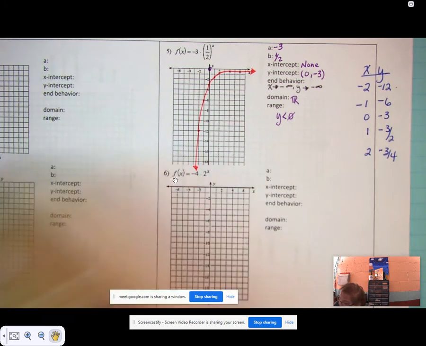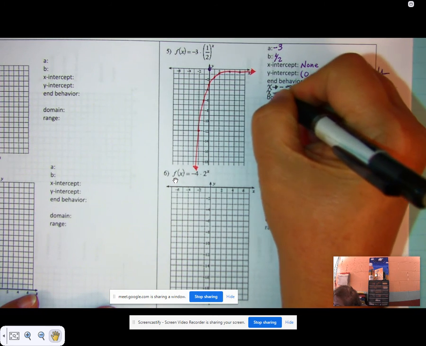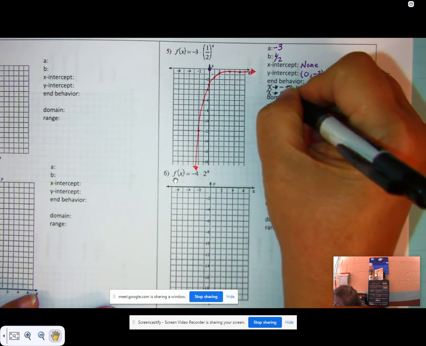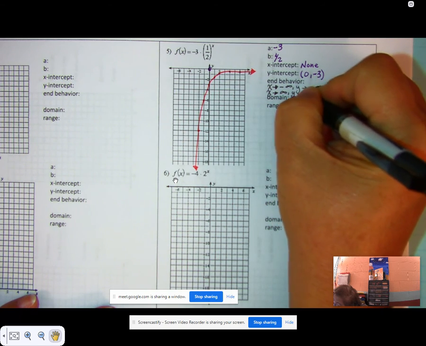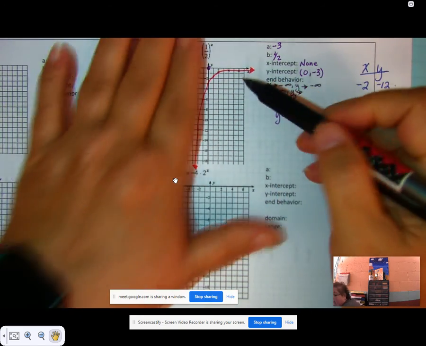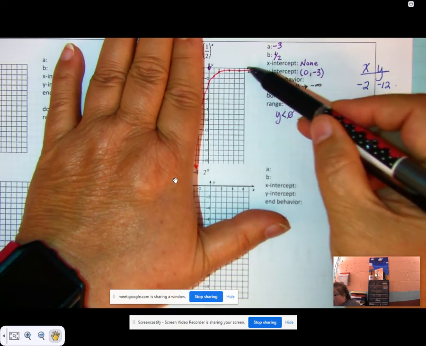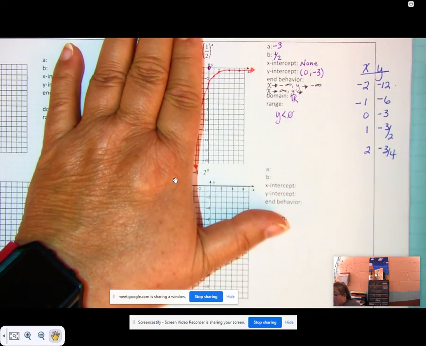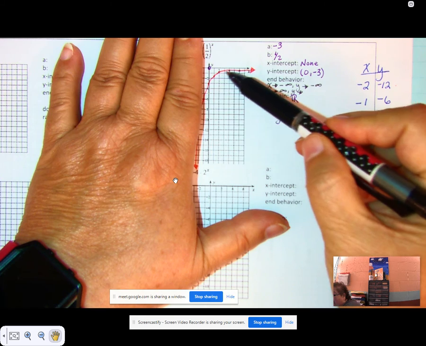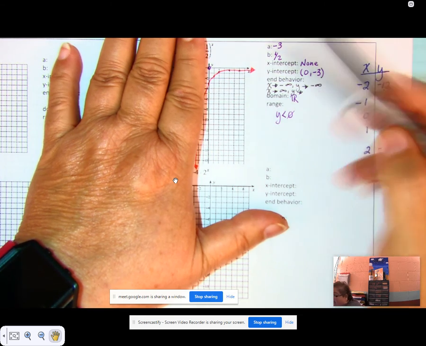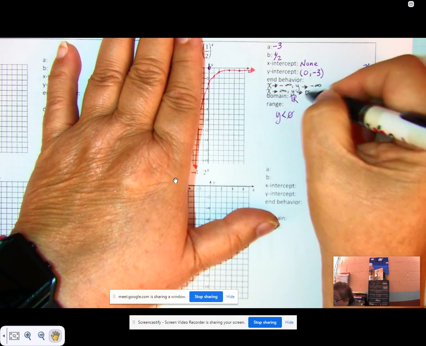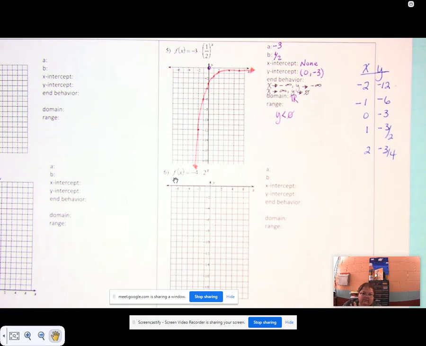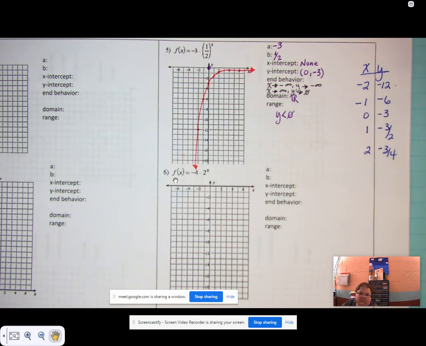Now, as x approaches positive infinity, y is now approaching, oh, here we go. My x values are going to the right, so that's my positive infinity. Now the y values are approaching that 0 it's never going to get to. Okay? It's approaching it, just not going to get there. Any questions?